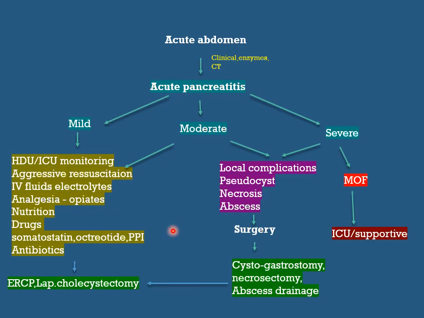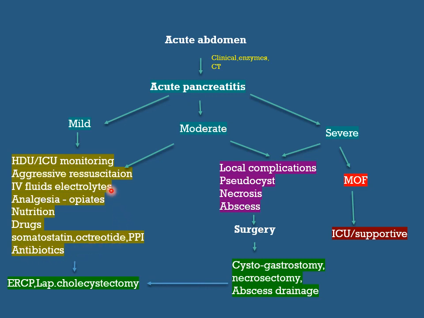Okay, finally, this is a flow chart to show you the management of acute pancreatitis. Patient comes with acute abdomen, clinical enzymes and CT scan confirm acute pancreatitis. You classify them according to mild, moderate and severe. Mild cases: careful monitoring, aggressive resuscitation, analgesia, nutrition, drugs, somatostatin and antibiotics.